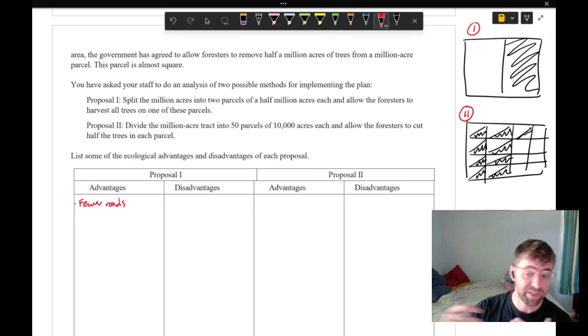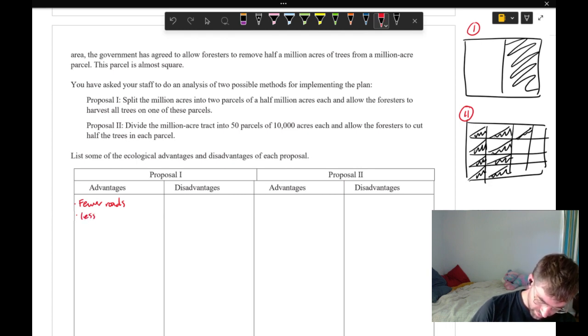There's going to be less material and labor and time needed to access that forest. It's going to be less disruptive to the surrounding forest that is left untouched. Right? So there's going to be less edge habitat relative to interior habitat.